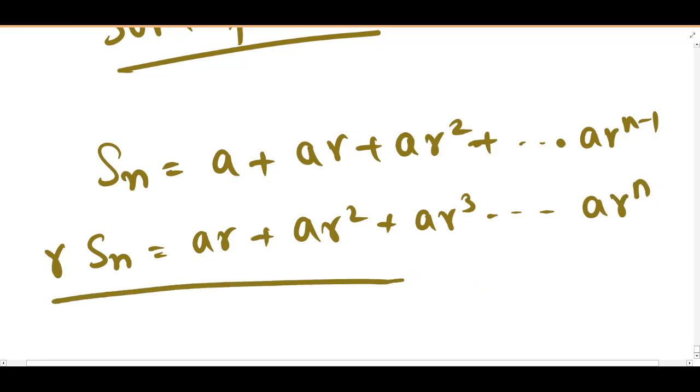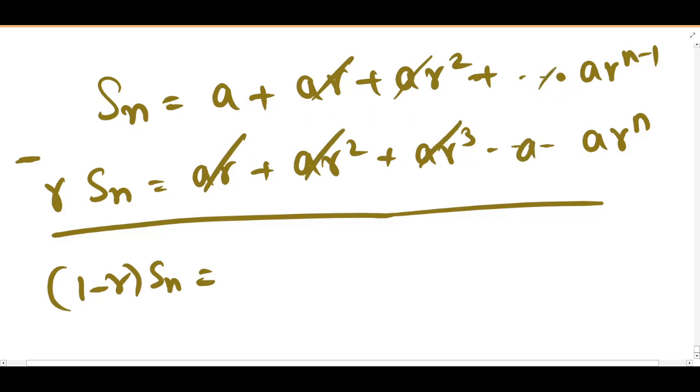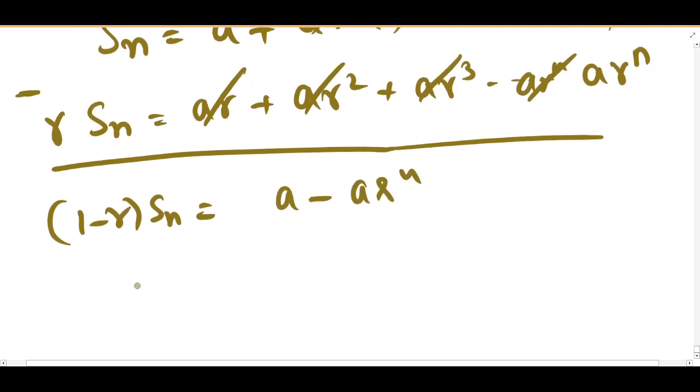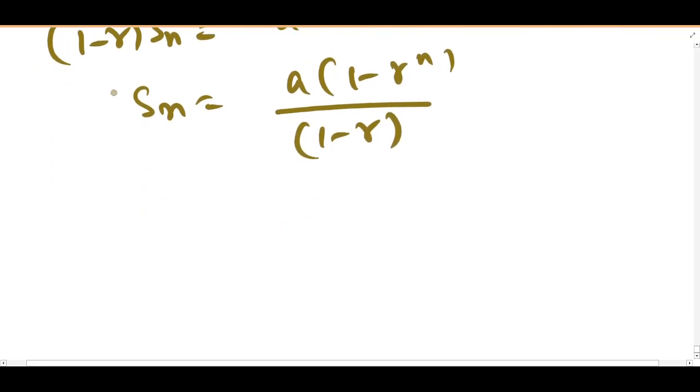If we subtract these two equations, we get (1 minus r)Sn, and the middle terms cancel out, so we get a minus ar^n. So we get Sn equal to a(1 minus r^n) divided by (1 minus r). So this is the sum of a sequence of geometric progression.